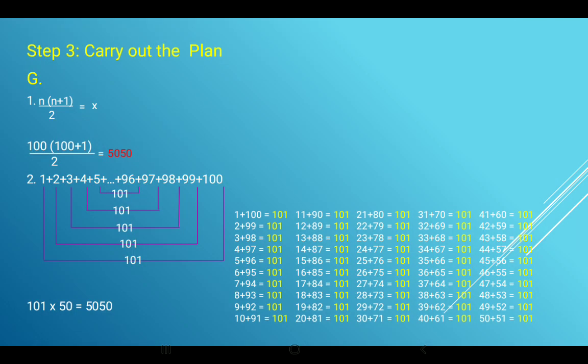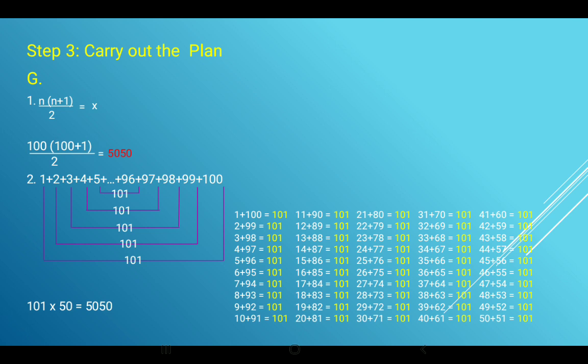Okay. Yung letter G naman, yung hinahanap yung sum ng counting numbers from 1 to 100. So, using the formula ng triangular number, makikita pala natin yung sum ng 1 to 100. So, i-let natin na n is equal to 100, dahil hanggang 100 yung hinahanap natin.